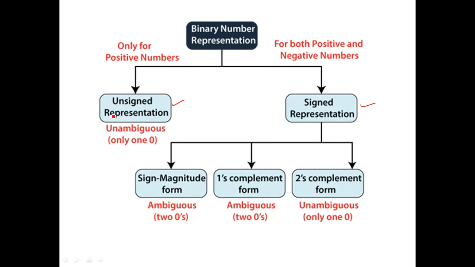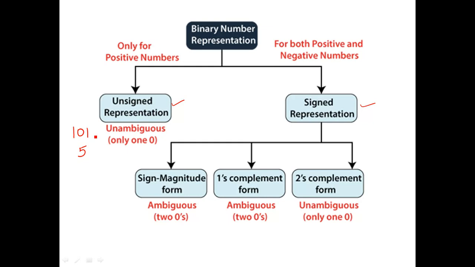Unsigned numbers do not have any sign. They contain only the magnitude of the number. So an unsigned binary number will be a positive number. For example, 101 in binary is represented by 5 in decimal.